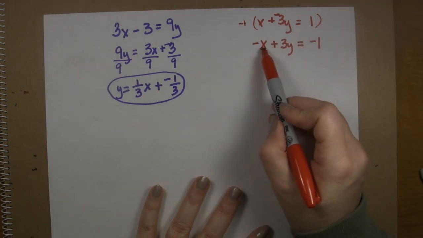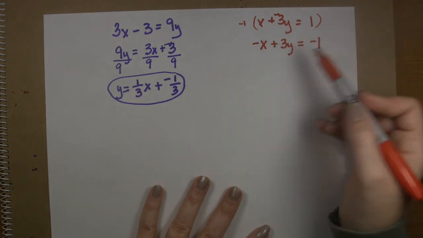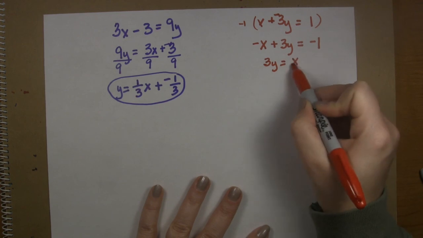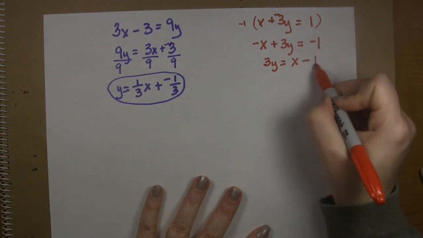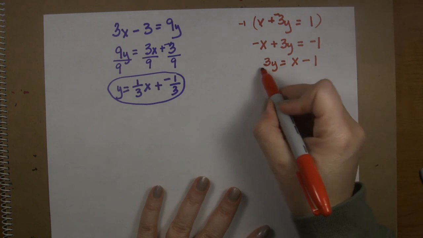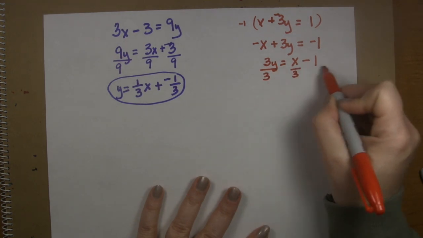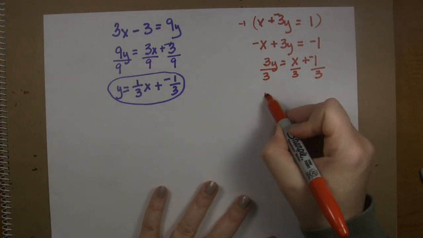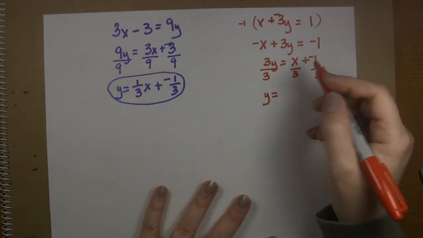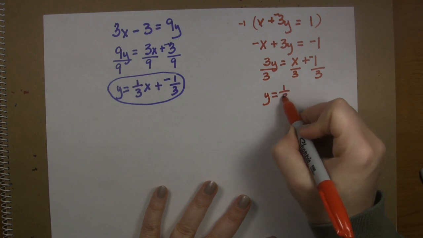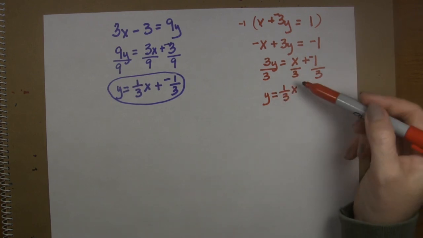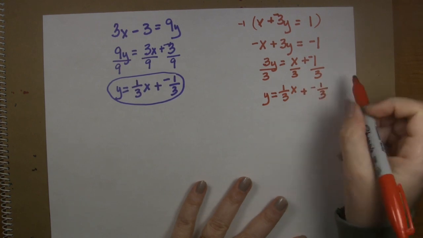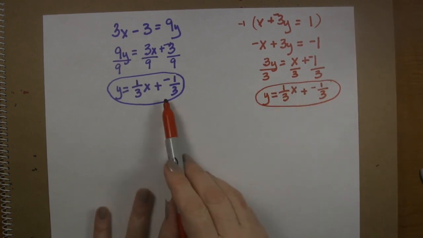All right, now I'm going to flop my x over to the other side, flip the sign. So this becomes 3y equals positive x minus 1. Okay? Divide by 3, divide by 3, divide by 3. This you could think of as a negative 1. So that gives us y equals x over 3, otherwise known as 1/3 x, plus negative 1/3.